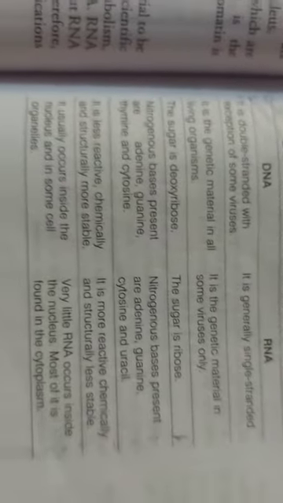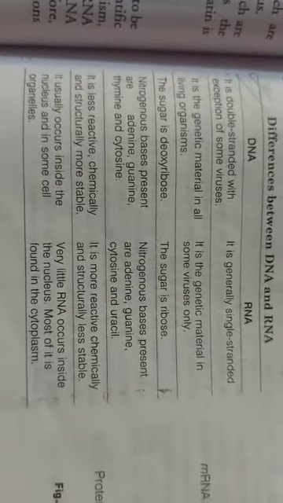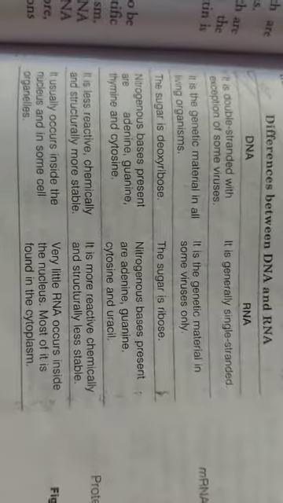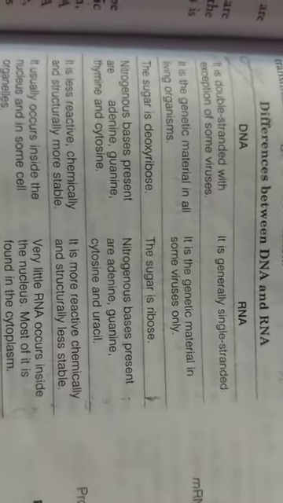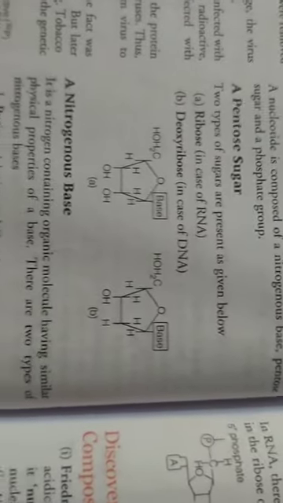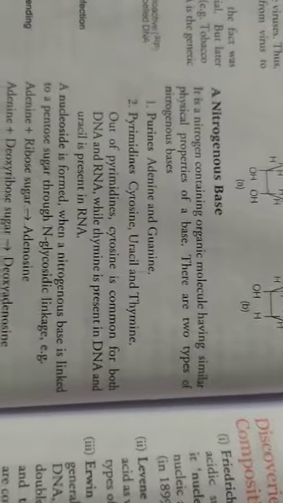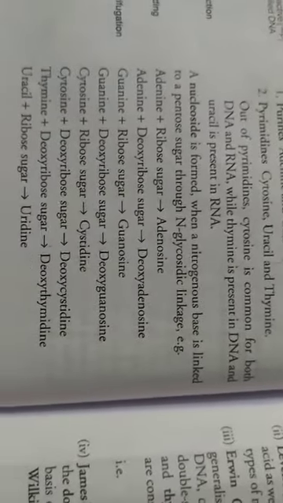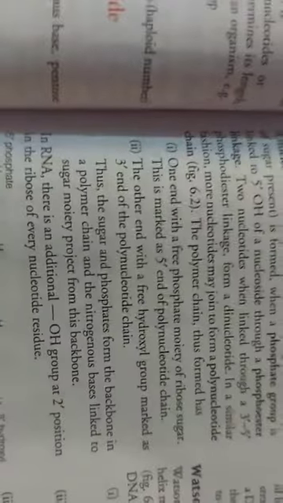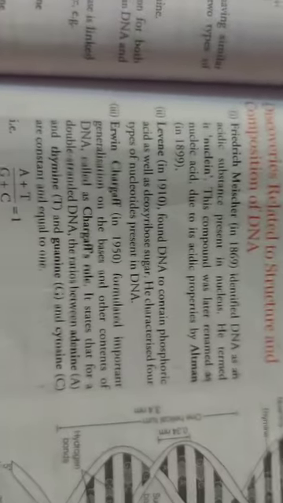And here we are seeing the difference between DNA and RNA, which is given here. You could note it down for your study. So these all were about DNA: what is deoxyribonucleic acid, the structure of polynucleotide having pentose sugar, nitrogenous base, then phosphate group, then the polynucleotide chain, and discoveries related to it.